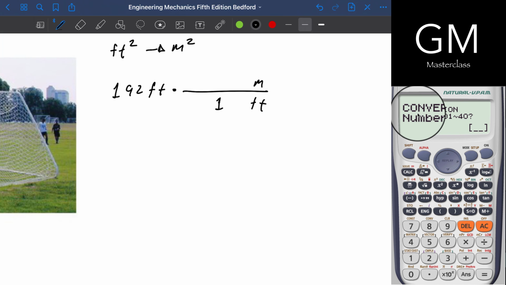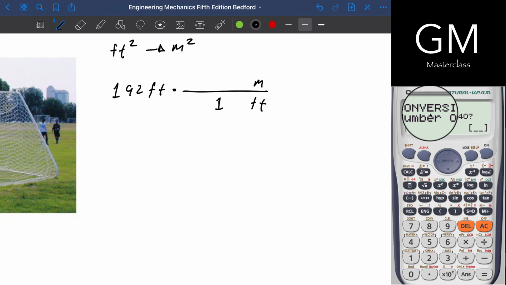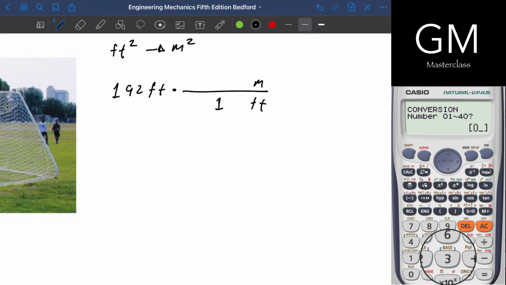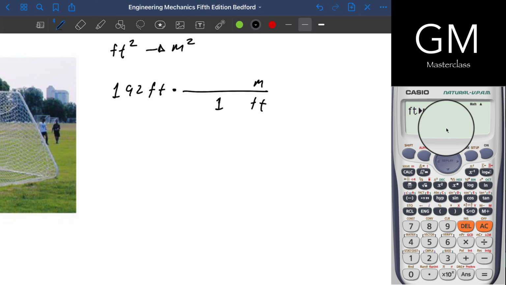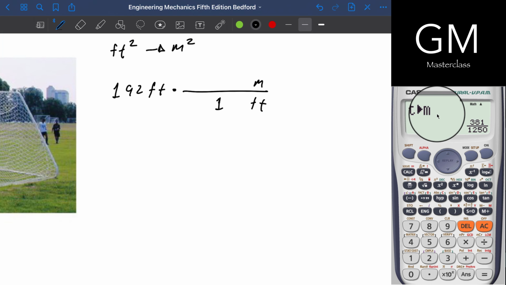This information, the conversion number, usually is given in the case of the calculator, so you can notice the number for you to get the conversion that you actually need. So I already know that the number is 03, so I can transform feet into meters, and I'm going to write here the amount of feet, and the solution gives me the amount of meters.